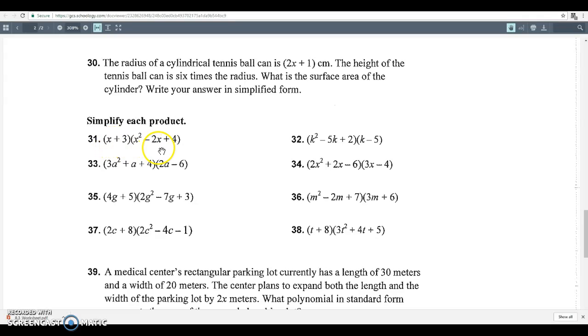So with multiplying a trinomial, the FOIL method won't work here, because there's more than an outside and inside. But the distributive property still works. So that's why I say if you remember the distributive property, you can do all the problems. So let's look at this.